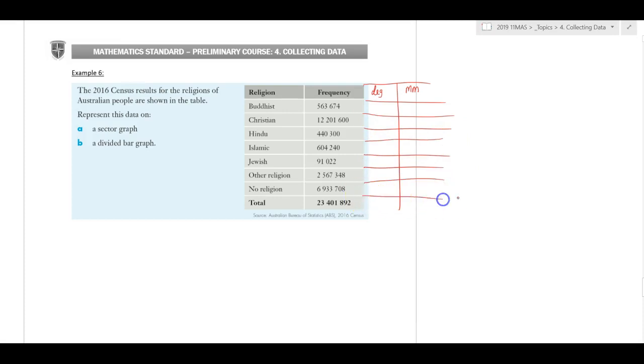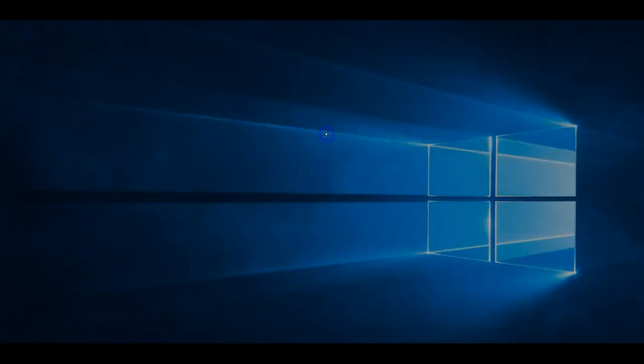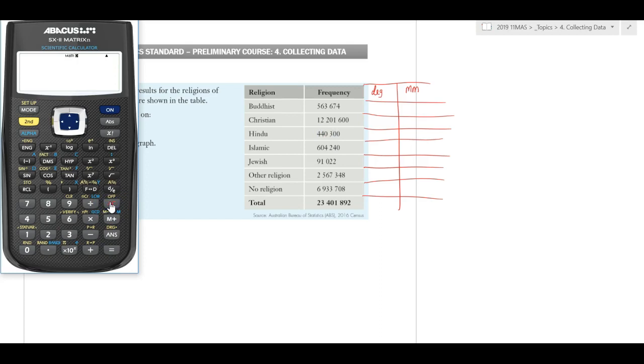But anyway, now, my degrees have to add up to 360 for my sector graph. So what I need to do is 563,674 divided by 23,401,892.